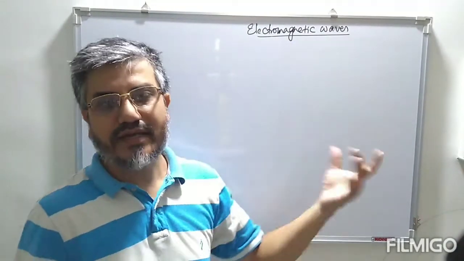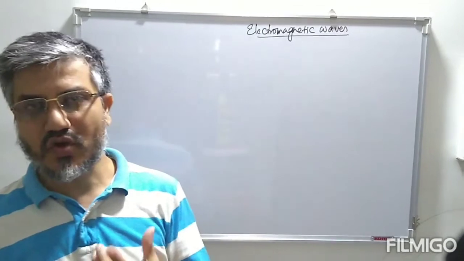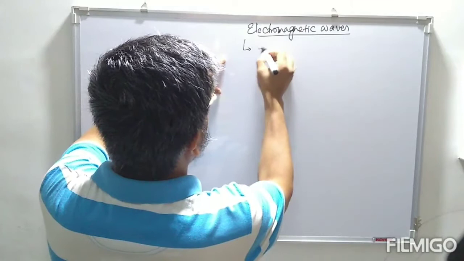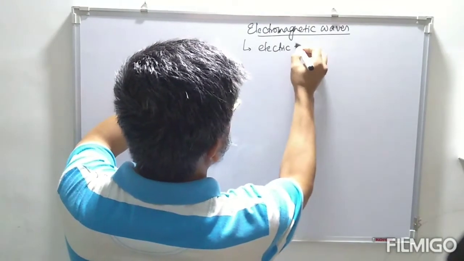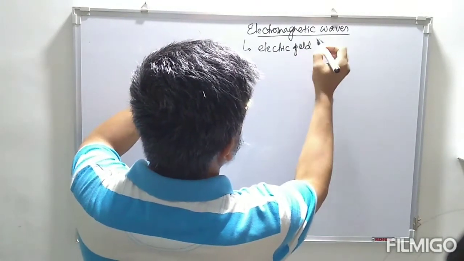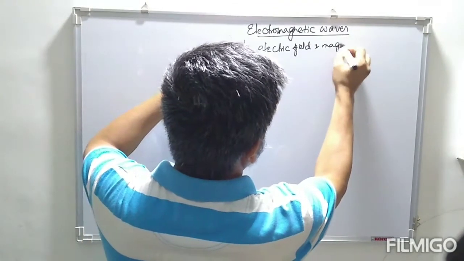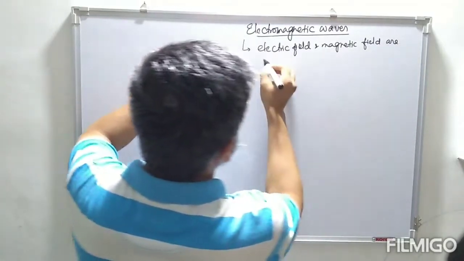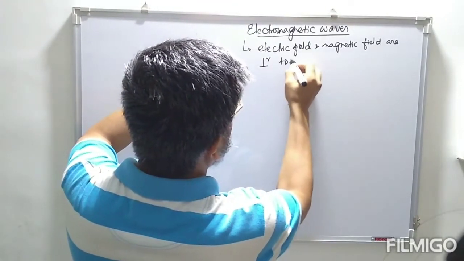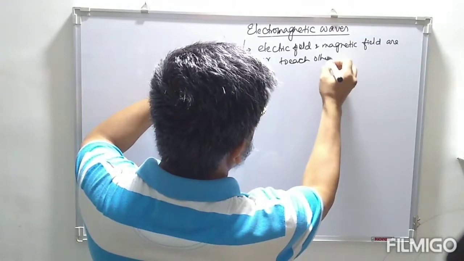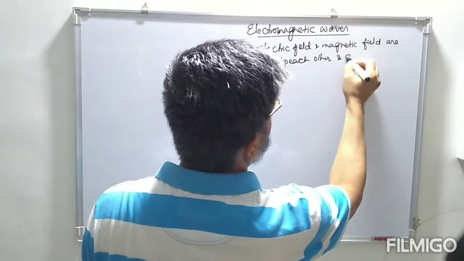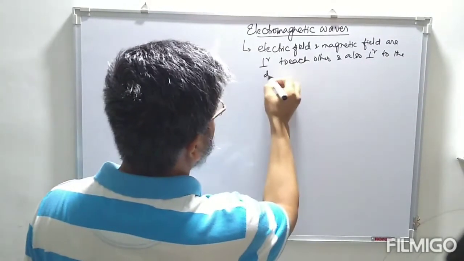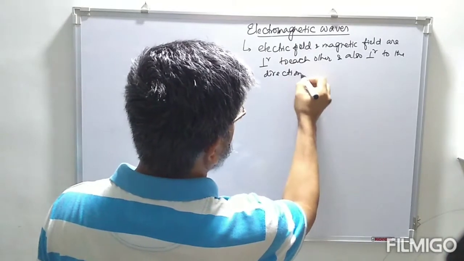All these electromagnetic waves move with constant speed. The electric field and magnetic field are perpendicular to each other and also perpendicular to the direction of propagation.